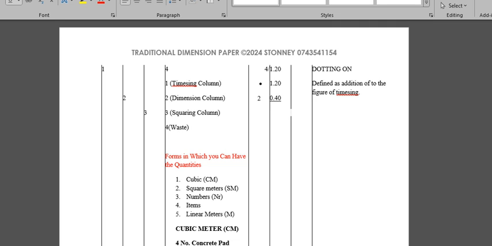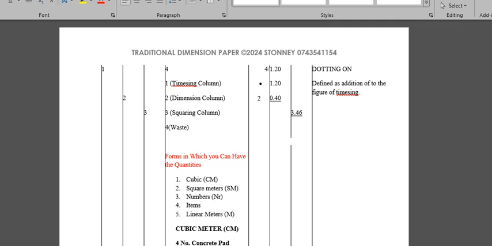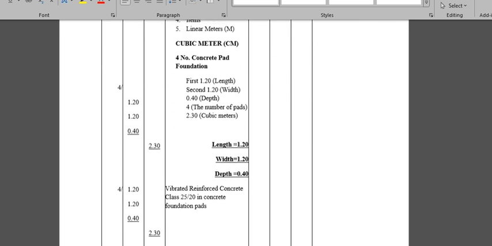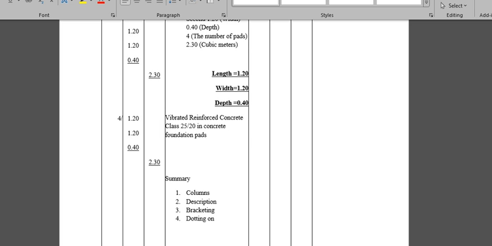So instead of the 4, you now have 6, so it's 3.46, expressed in cubic meters in that particular manner. Of course you will go on. The other things remain the same, whatever we've discussed in terms of having your description, having your waste and all other parts.